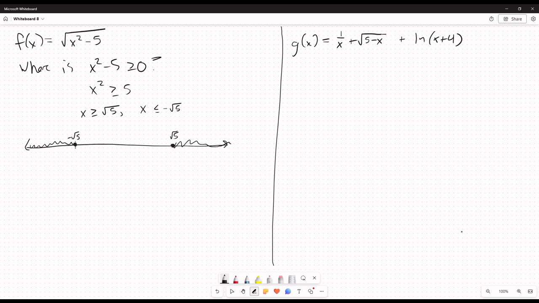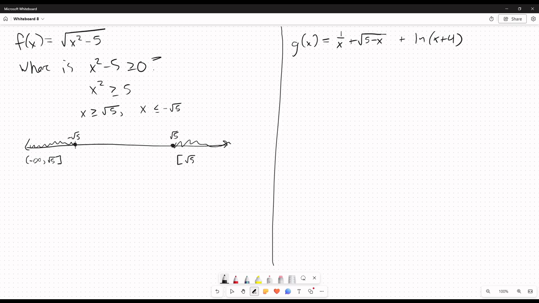So now that we have this, what do these two shaded pieces look like in interval notation? This is everything less than negative square root of 5, so we'll start with negative infinity, up to and including negative square root of 5. Since we include it, we're going to have a closed bracket. We're not going to have anything in this middle interval, so we skip over it.